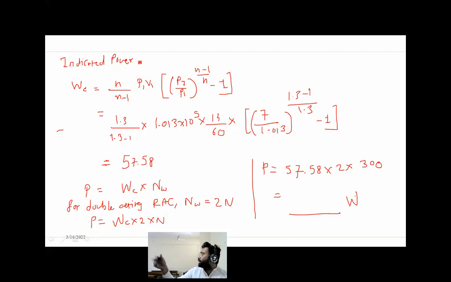That is RPM, per minute. Here again we have to divide by 60. It is joule per minute and here it is per second. So this is in watts. This is kilo.